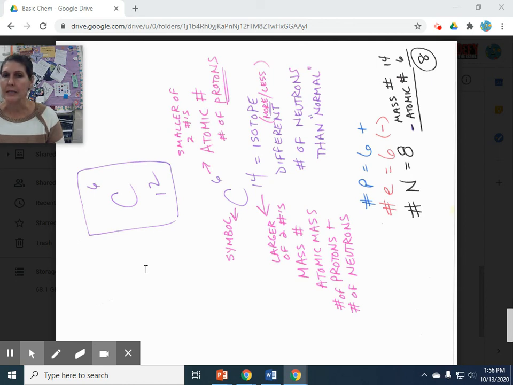So what that means is that now I change my number of neutrons. I've added 2 neutrons there. It's heavier. So that particular carbon-14 is what we use for radioactive dating. Carbon-14, we can use it to date fossils. So it's heavier. 2 more neutrons have been added. I know I still have 6 protons, which gives me 8 neutrons there. Electrons don't change. It's still neutral on that periodic table.